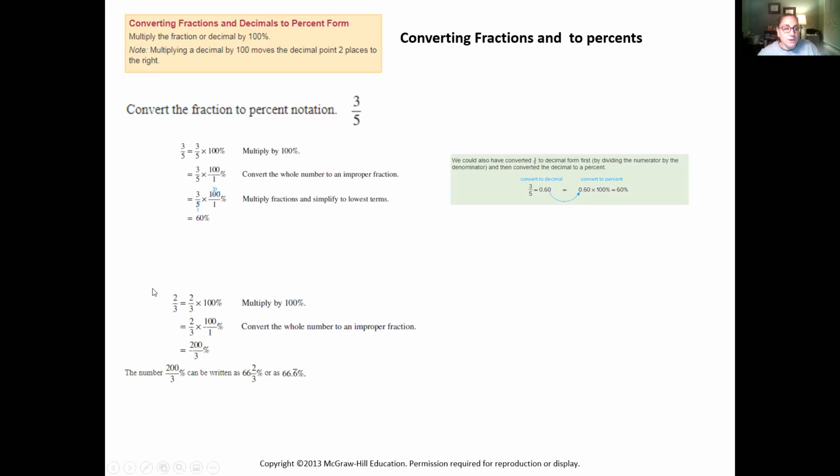If you had 2/3, you would do 2/3 times 100 over 1, multiply across, and then reduce. Or the easy way to do it would be just divide 2/3, and you would get 0.6 repeating. Move the decimal over 2 to the right, and you would get 66.6 repeating percent. Okay, so it's up to you which method you want to use, but this is the easiest.